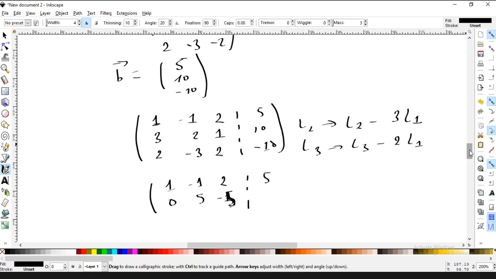And here it's 10 minus 15, minus 5, right? And here the same thing, what you get is 0. I think it's minus 2 in the matrix, I mean 2 minus 3 minus 2, as given above. Here it's minus 2. Yes, thank you.